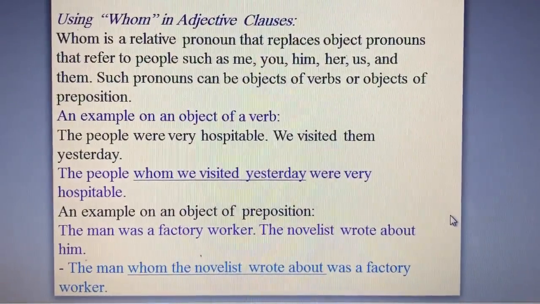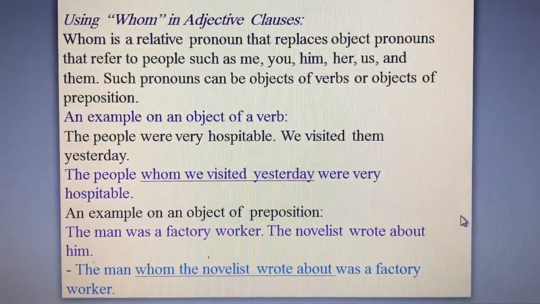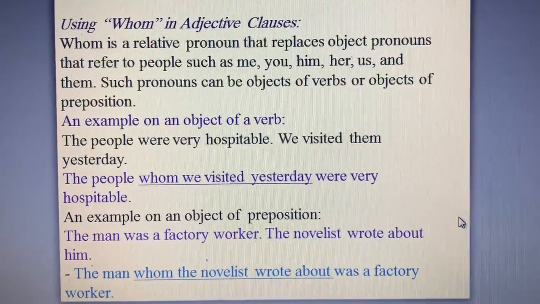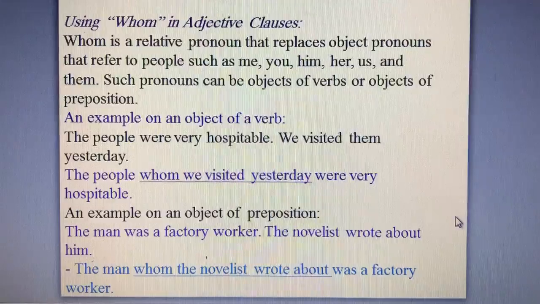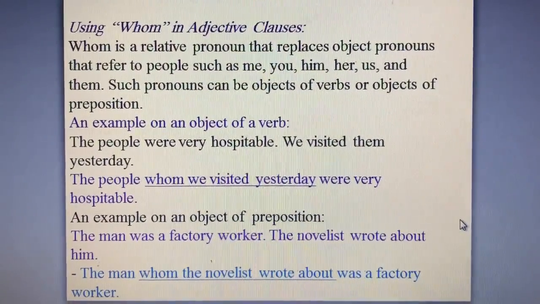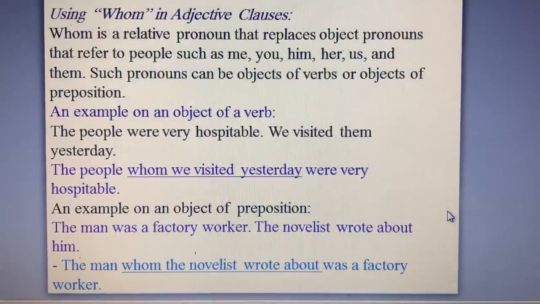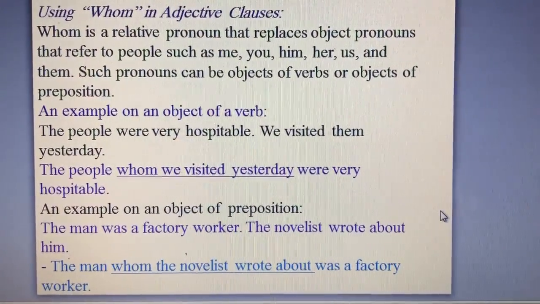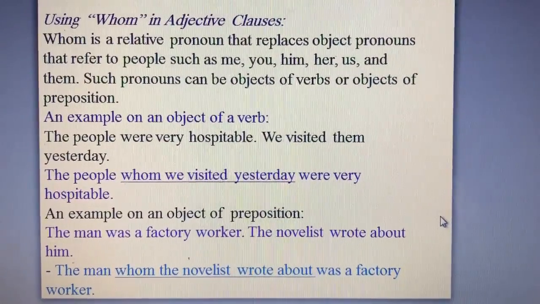The people whom we visited yesterday were very hospitable. If you look at this underlined part, it's called an adjective clause modifying or describing the noun people. It immediately follows the antecedent people. Whom here is an object pronoun since it always replaces object pronouns, and it's always followed by a subject.